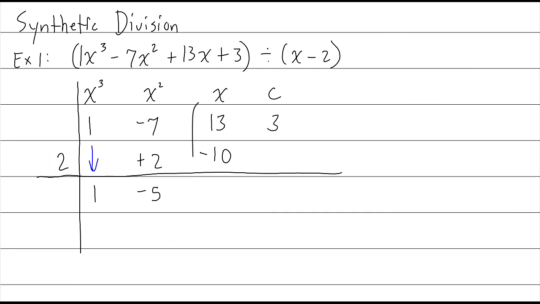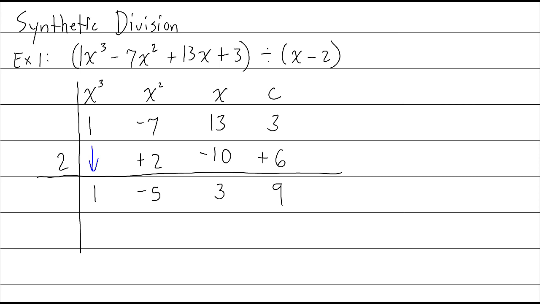Again, I'm adding these up. 13 plus negative 10, or 13 minus 10, is just 3. Again, 2 times 3 is 6. So up and to the right, I'm going to put a positive 6. And 3 plus 6 is 9, positive 9.